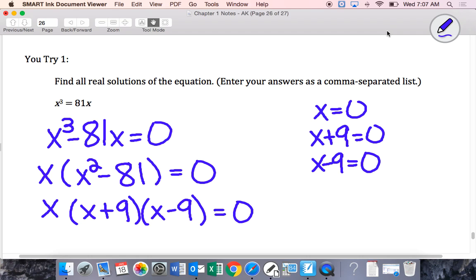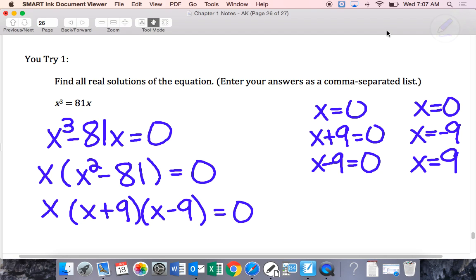Then that's going to give me three answers of x equals 0, x equals negative 9, and x equals positive 9. So again, you might want to pause for the next one and then follow with me through it after you have done it.